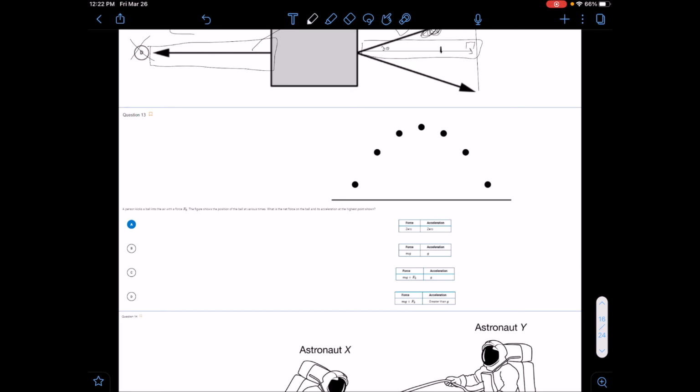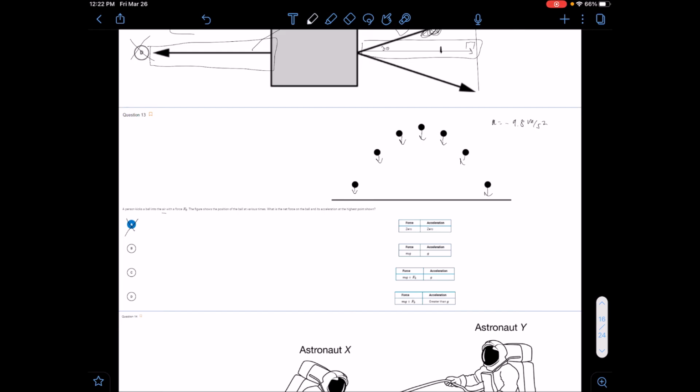So the first thing to note, the answer choice is wrong for this one, and I'll explain why. The first thing to note is that since the ball is in the air, we will always have a force of acceleration on it that is pointing downwards at negative 9.8 meters per second squared.